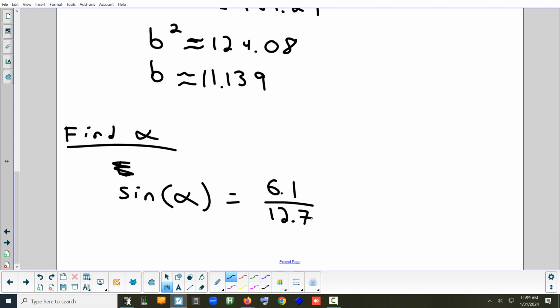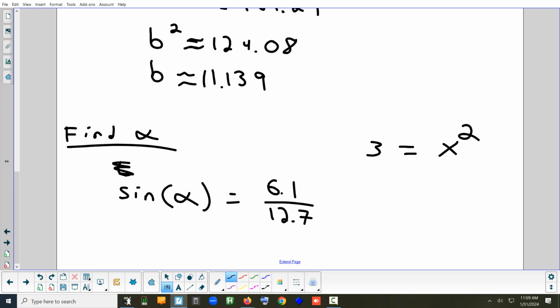Now, we have to get alpha by itself. Alpha is inside the sine function. When something is inside parentheses in a function, you can't add, subtract, multiply, or divide. You have to cancel this function out. Just like if you had this, let me write it like this.